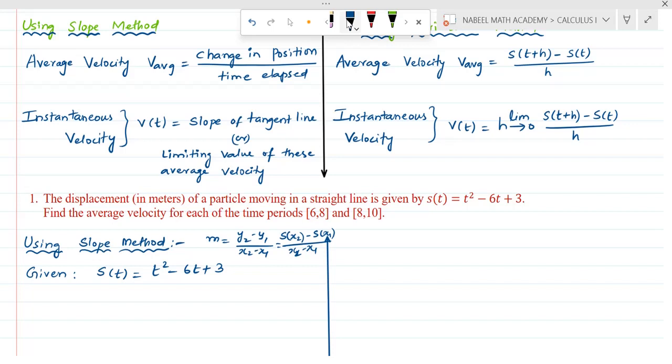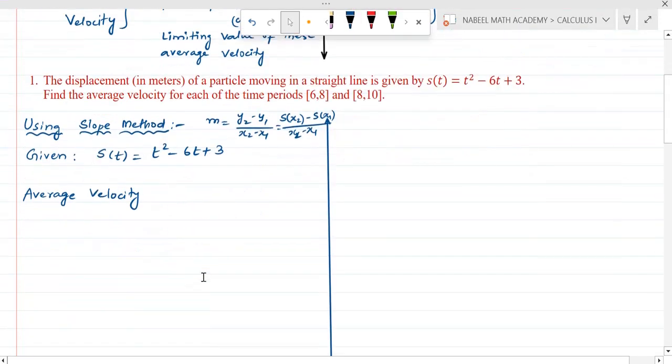Now this is the average velocity first. The average velocity at the points, these two points are given.